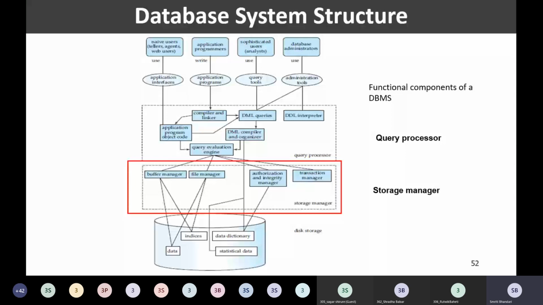For example, corporate databases may range in size from hundreds of gigabytes to even terabytes.